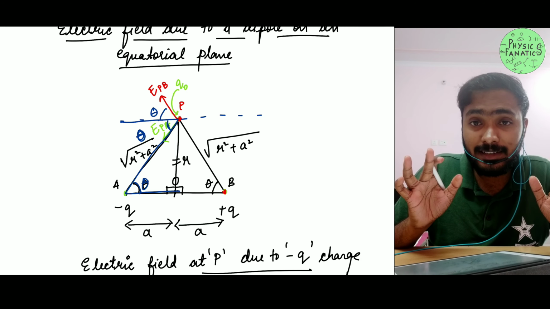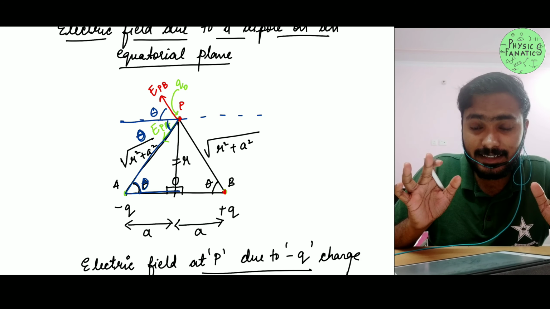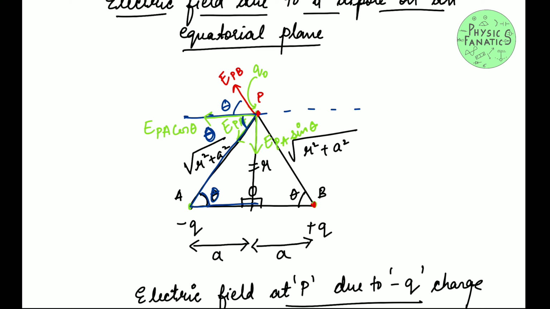I hope everybody can see that. Yes. So if that is true, I can divide my EPA into components, right? First component is EPA cos theta, which is along this, and there will be second component, EPA sin theta, which is in the downward direction. Yes or no, right? I hope that is understandable, right?